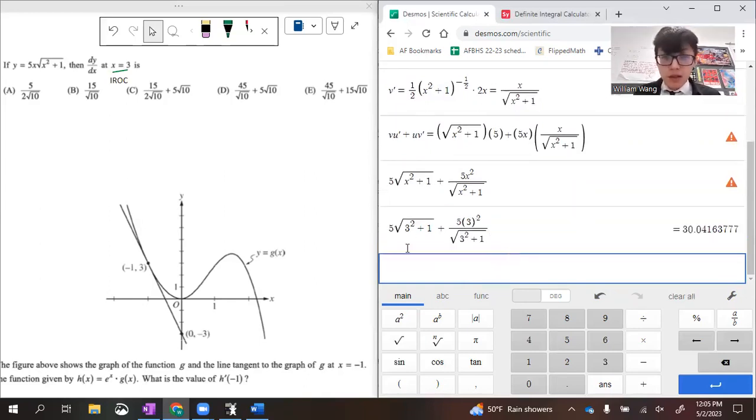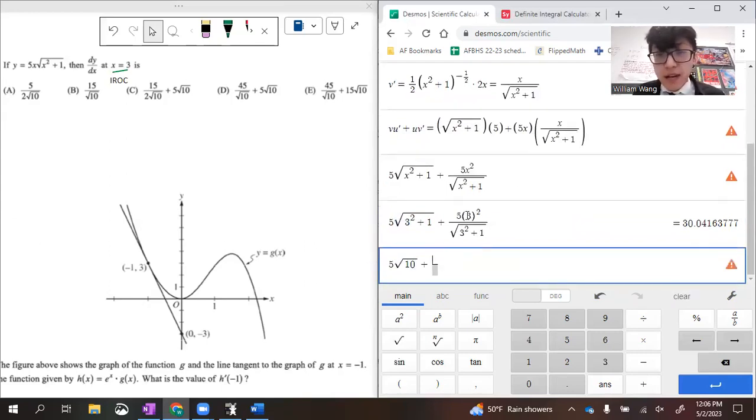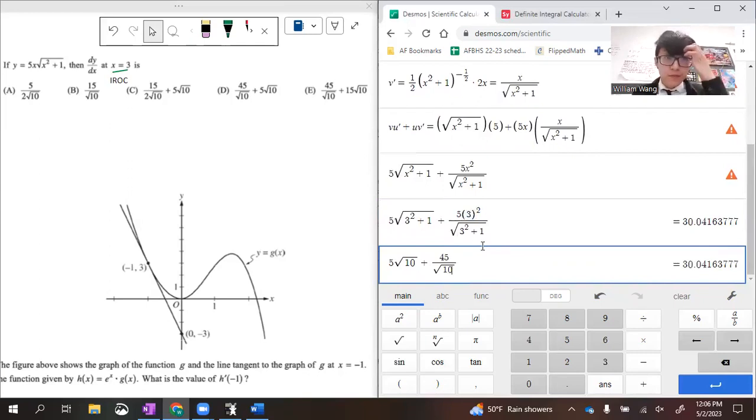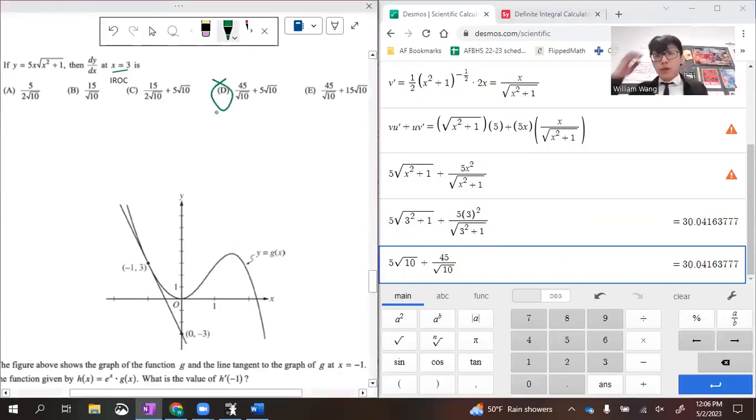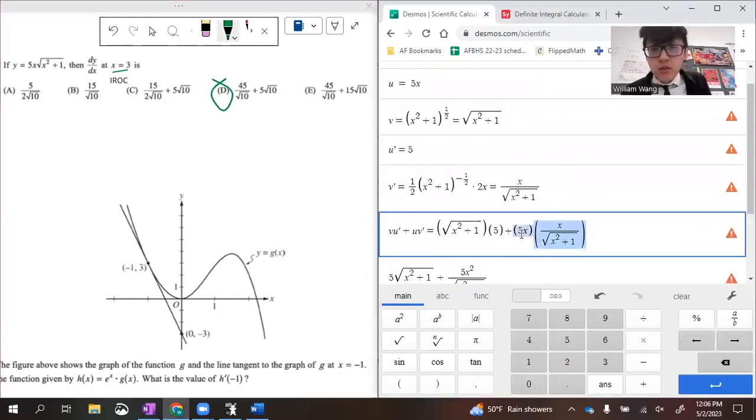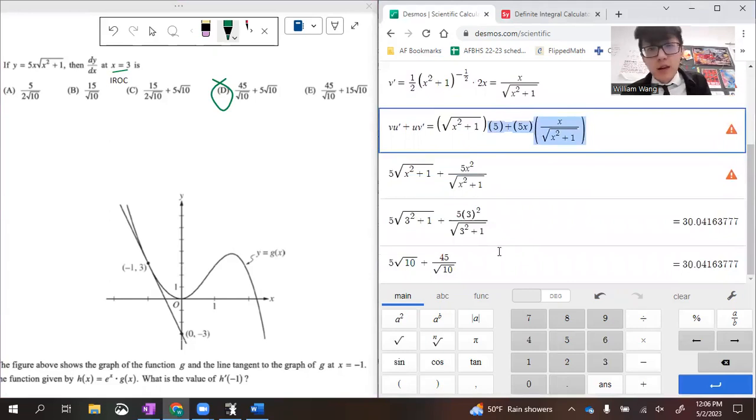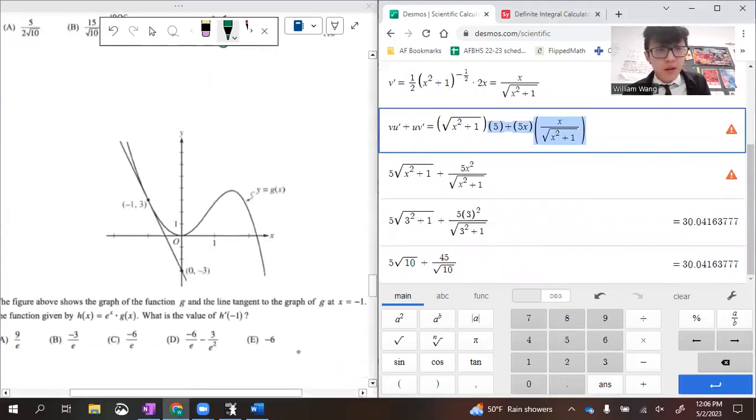Okay. That turns into 5 square root of 10 plus 5 times 3 squared, that's 5 times 9, so it's 45 over square root of 10. Okay. Now I'm starting to look which one of these answer choices does that match with, and it is going to be answer choice D. All right, so a lot of work, mainly in the simplification and honestly in understanding square roots, not really in the product rule itself. All right, hopefully that makes sense.